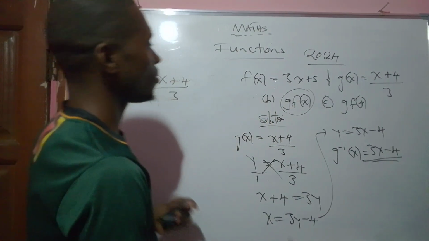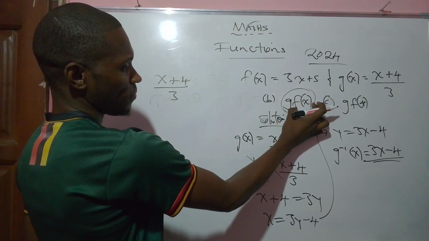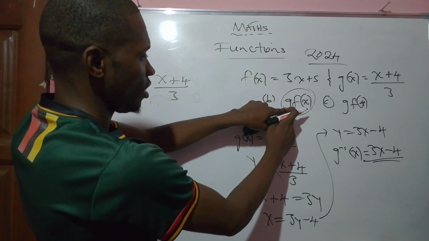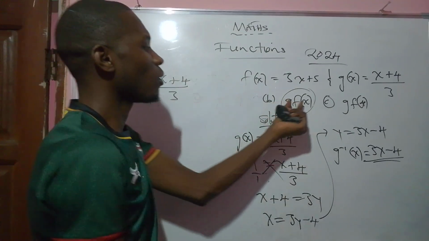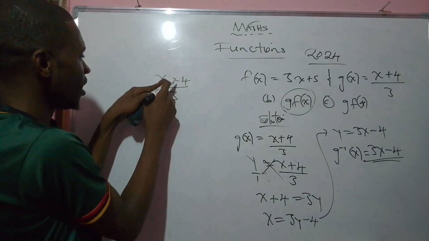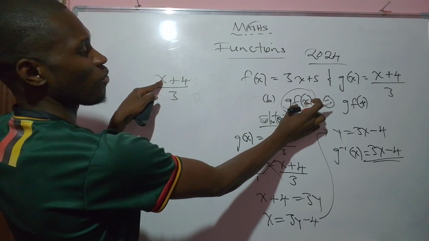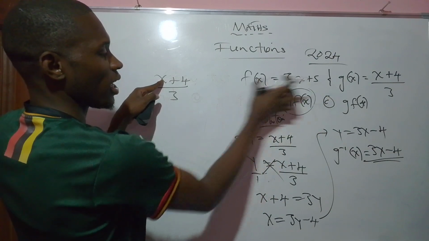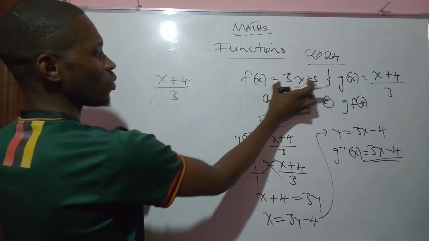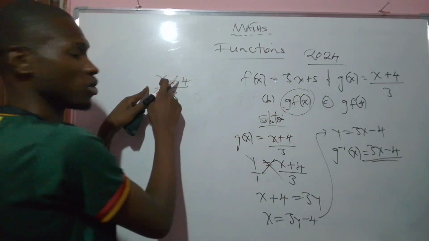Now I'm remaining with f. For me to write f, I need to understand that in g, where there is x, I'll introduce f of x. Meaning that here, where there is x, we'll replace with f of x, which is this one. So I'm not going to write this one now. You're going to replace where there is f of x, we'll put this one in this one.